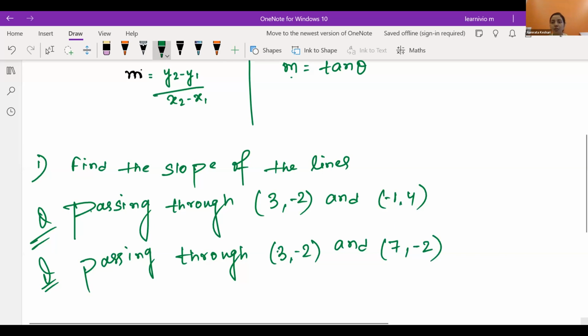Okay, and you know the formula as well, y2 minus y1 over x2 minus x1. Please quickly find the slope.